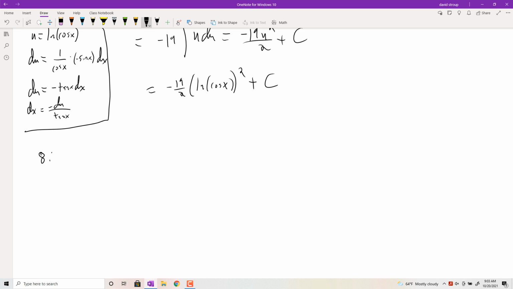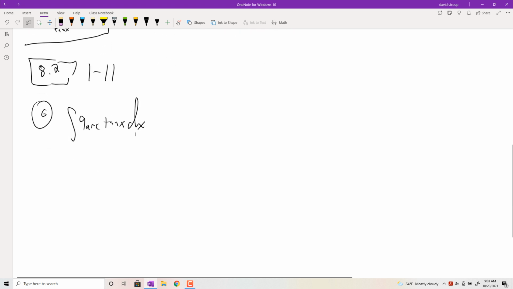8.2, we get into our first kind of new method, which was by parts. So remember, LIATE to tell you what is u. Let's try number 6. Here we have 9 arc tan of x. So this one doesn't really look like it fits the bill of by parts.